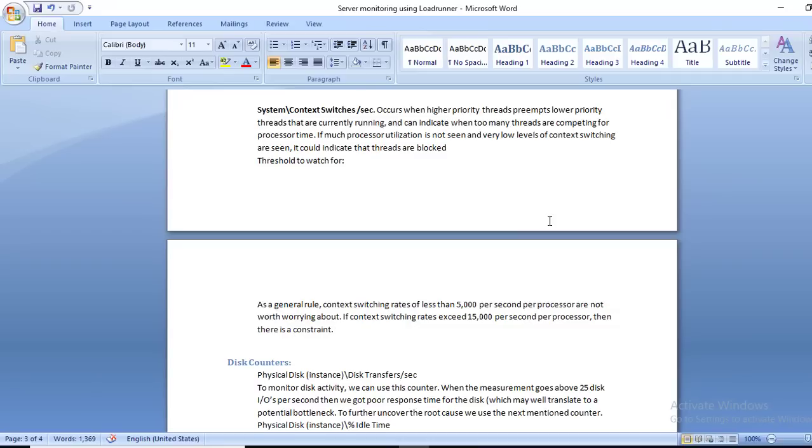If the context switching rate exceeds 15,000 per second per processor, then it is a constraint.